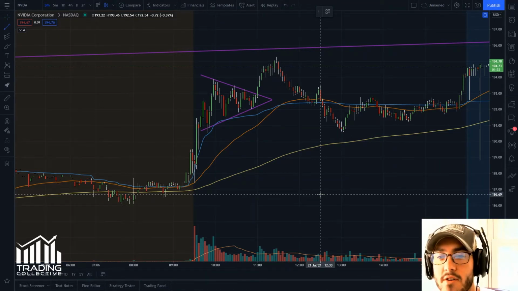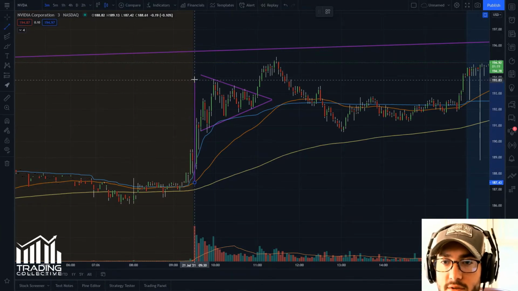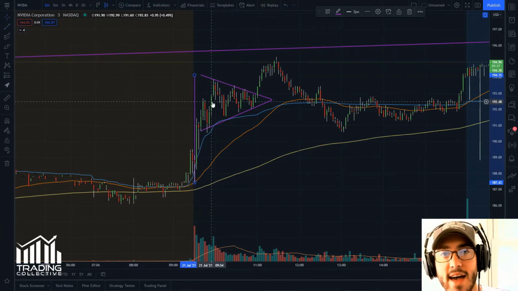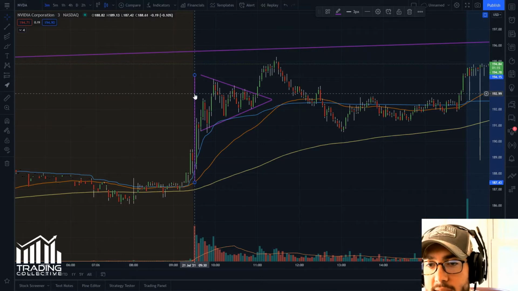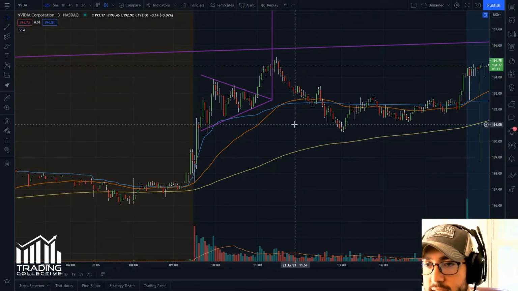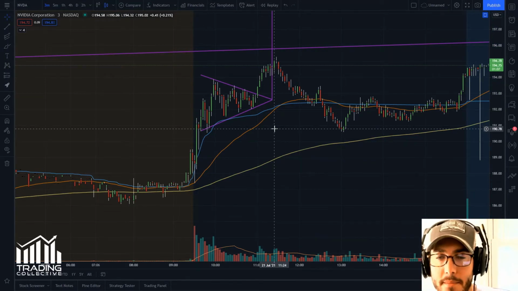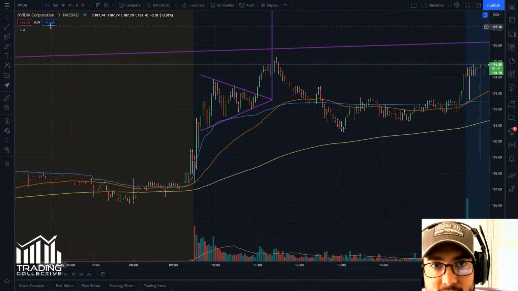So if you wanted to call this a bull flag, you would grab a vertical line, the size of the bull flag, and this would be your most aggressive target. You would put that right on the end of the wedge where the top and the bottom are intersecting.